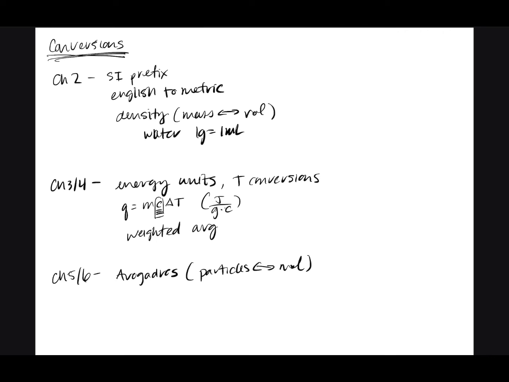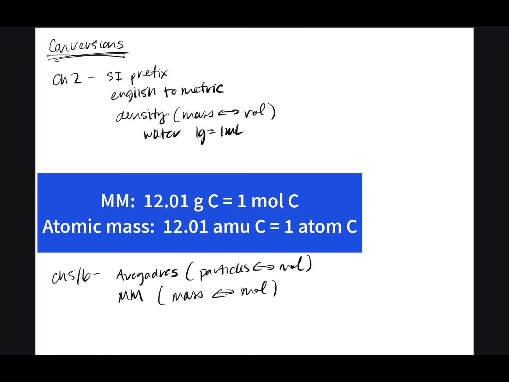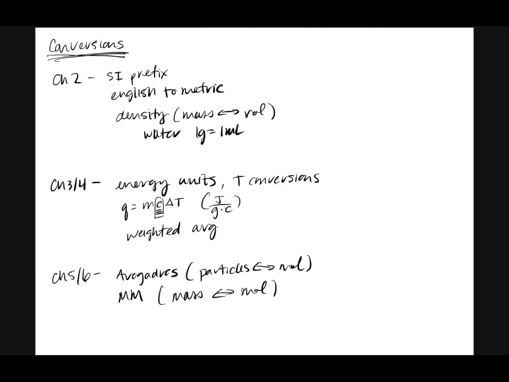We also have the concept of molar mass, which converts between mass and moles of a given substance. And we would use the information on the periodic table to help us do that, because again, that mass written at the bottom of every element is the mass of one atom measured in AMU. It is the mass of a mole of atoms measured in grams. So Avogadro's number converts between particles and moles. Molar mass converts between mass and moles.